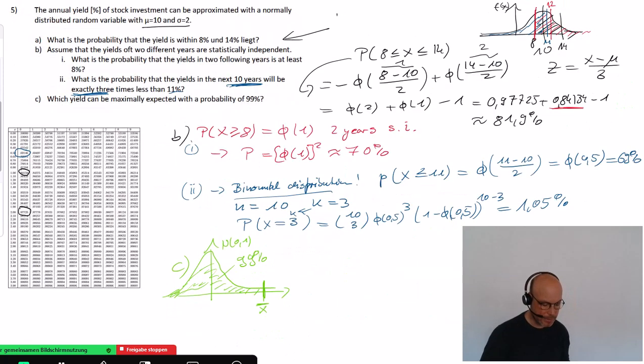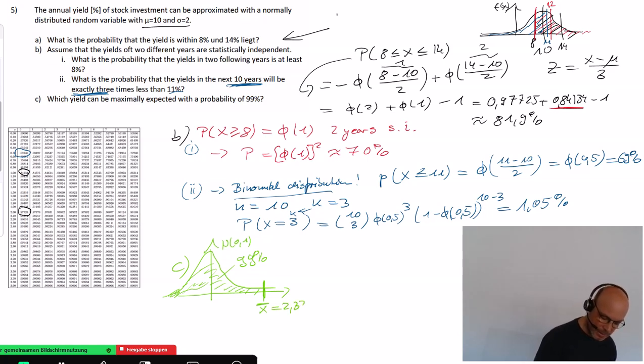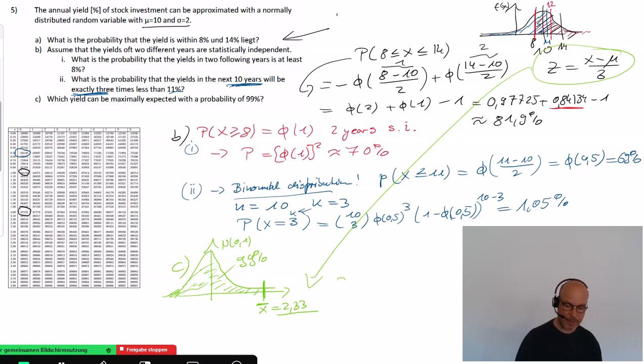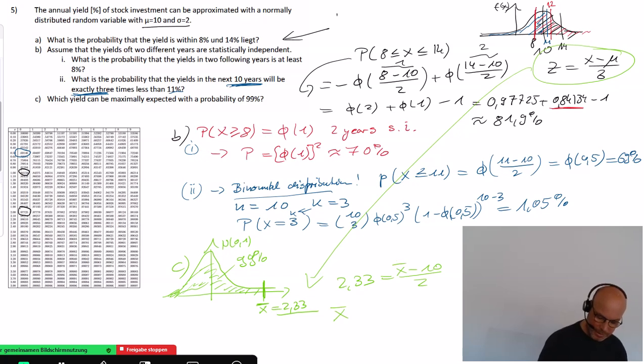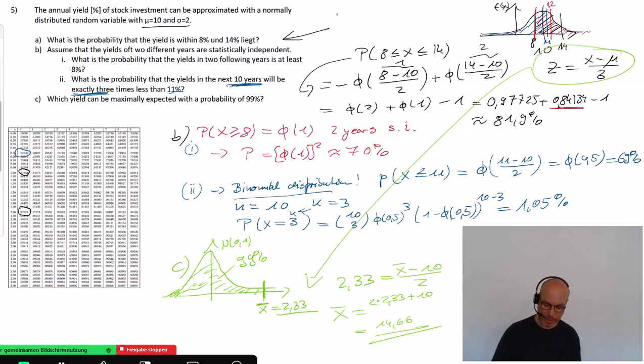So knowing this, we can again insert this in our standardization, and again we have 2.33 equals x minus, what did we have, 10 over 2, and then x bar is 2 times 2.33 plus 10, and this is 14.66, 11.44.